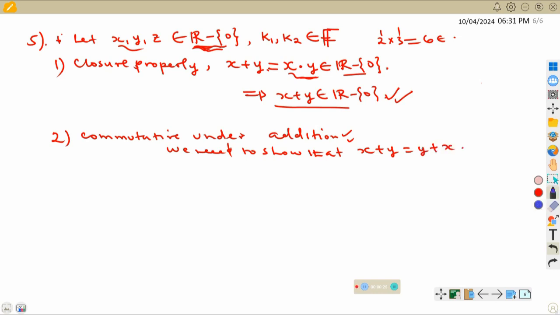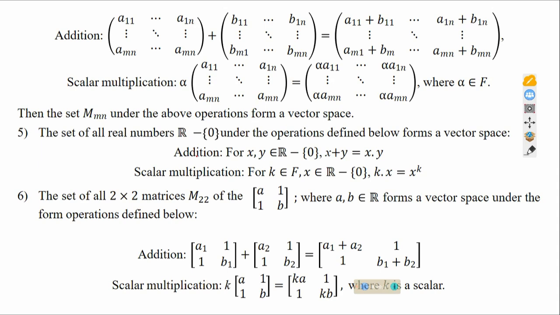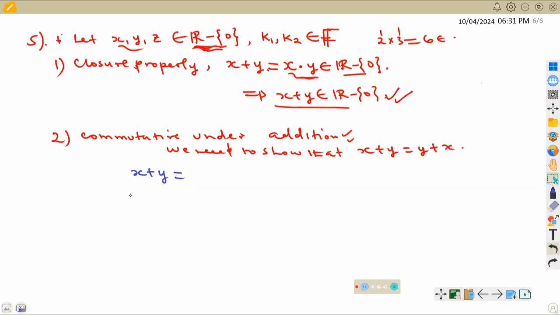So let us begin with x plus y. What is x plus y? Look at the definition. They are telling us that when you are adding x plus y, it is the same as x times y. So by definition, this is x times y.